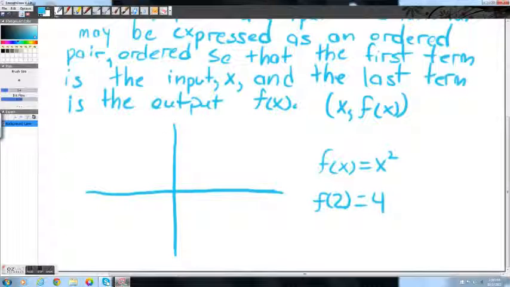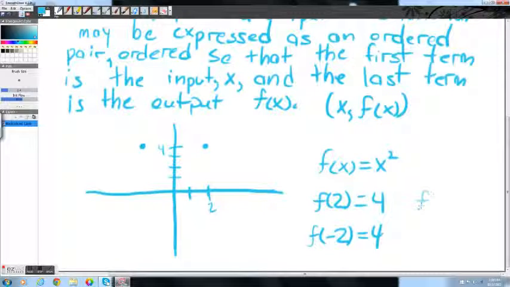It transforms 2 into its square, 4. So that's where our point would be. If we took f at negative 2, we would also have 4.